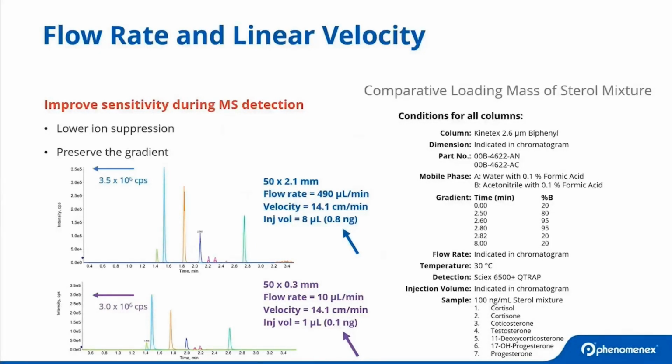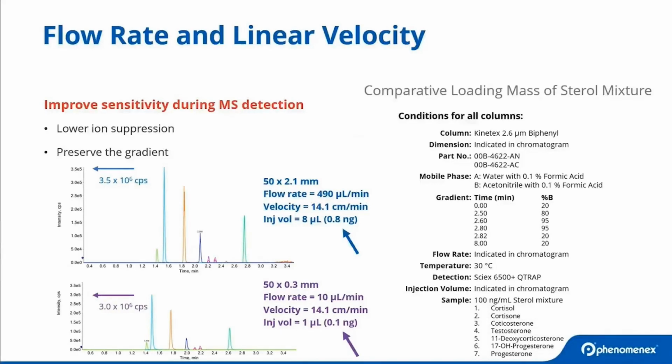But I also want to draw your attention to sensitivity. And this goes back to another reason as to why we scale. Scaling a method will improve your sensitivity. And specifically, when using a mass spec, in this case, when we scale down to a narrower internal diameter, we are minimizing the contributions of ion suppression from the mobile phase, allowing our analytes to stand out more. And in this instance, we were able to load a smaller sample mass onto the narrower 0.3 millimeter ID column.